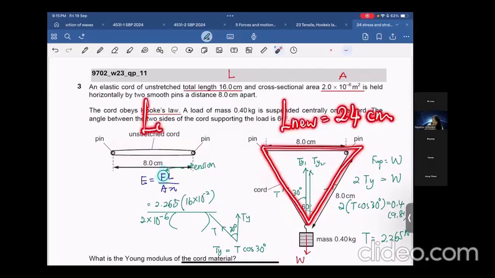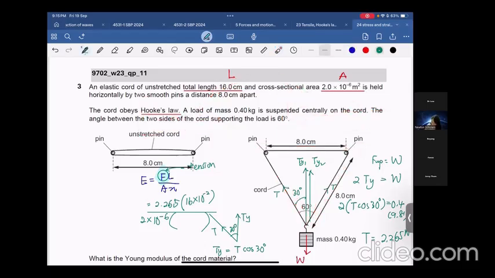Original length 16 cm. So in between them, how much extension do I get? Actually the answer should be x cm, so it should be x times 10 to the power of negative 2. So the x is 24 cm minus 16 cm. Where we get this 24 is because of this triangle.